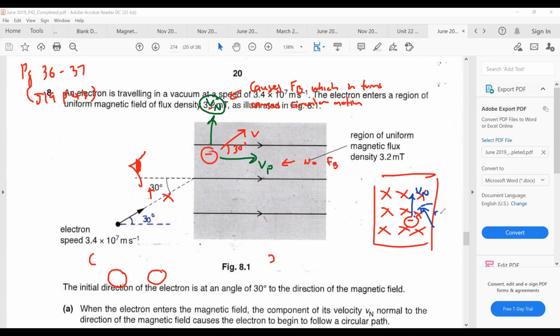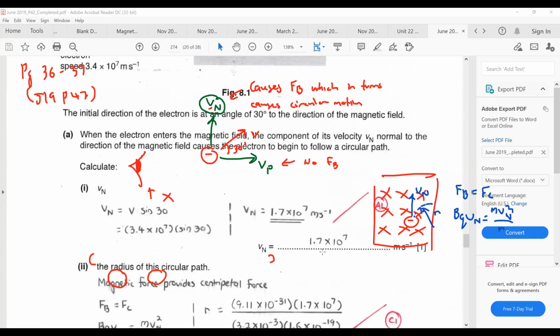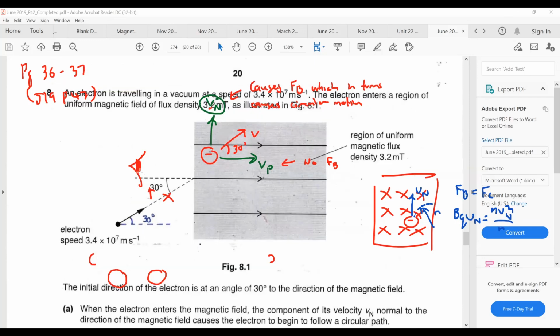So here Fb is Fc, it is B Q Vn equals m Vn squared over r. That is how I got this. This is the view if I look at it from the side.